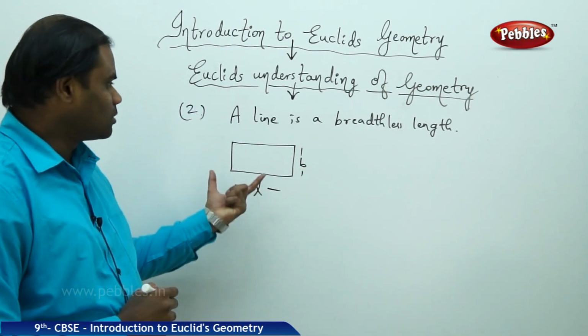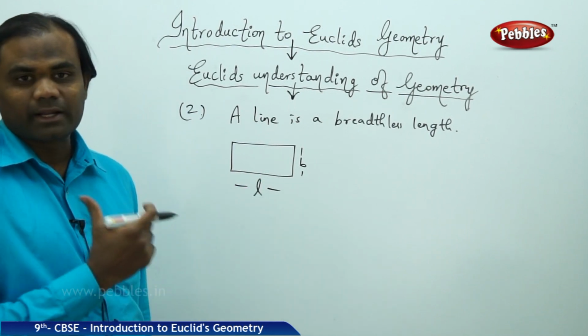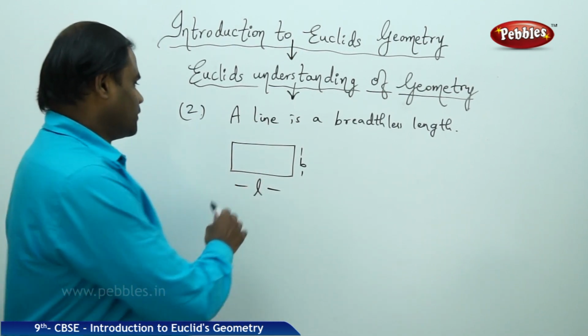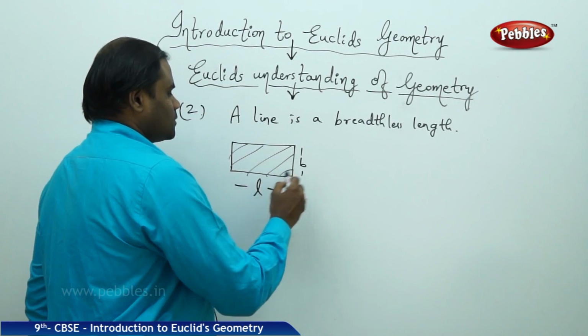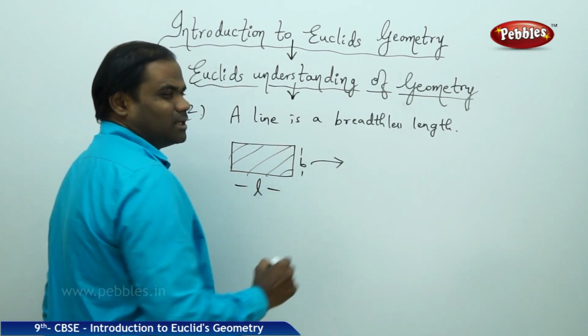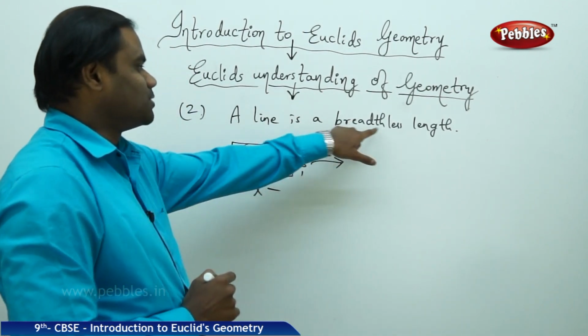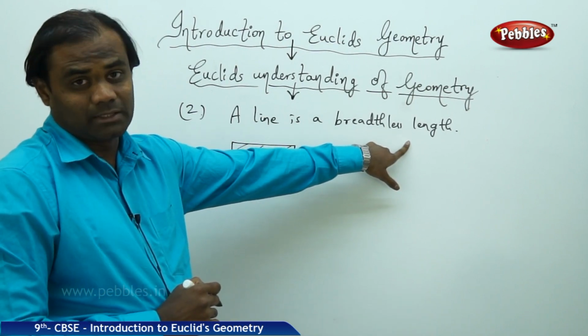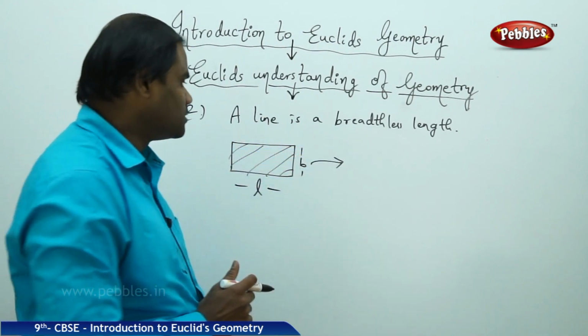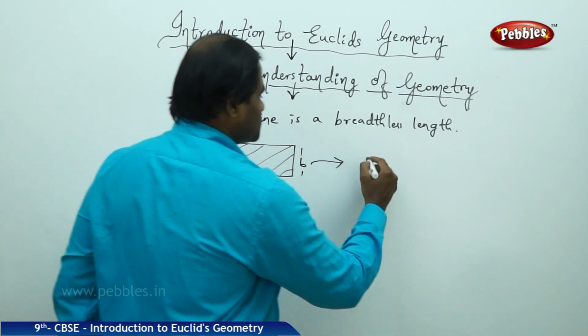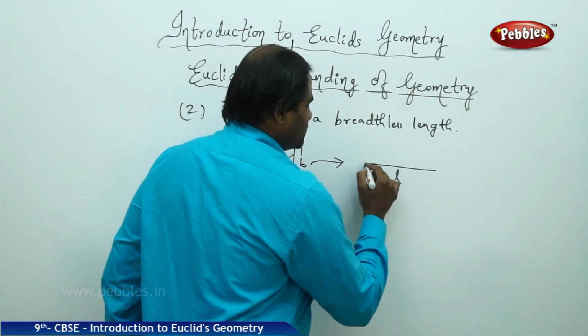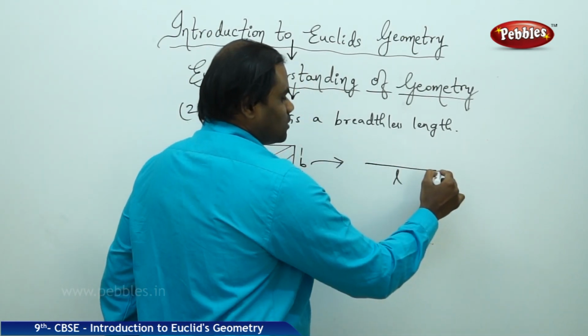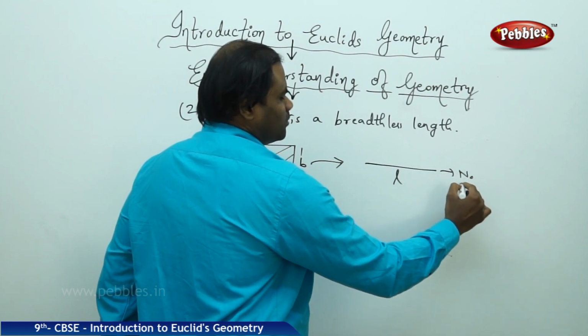Now, this cannot be a line. It is a rectangle, which is a surface. So this becomes a line when the breadth is 0. That is, it is breadthless. Mathematically, b is 0. So this length converges, and a line is a length which does not have breadth.